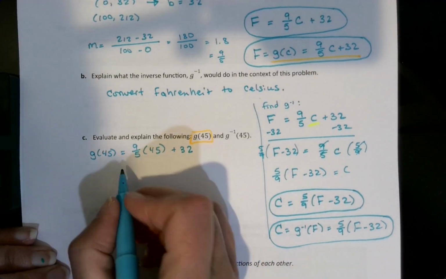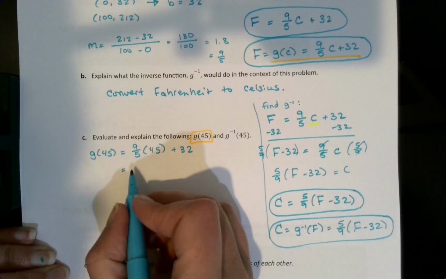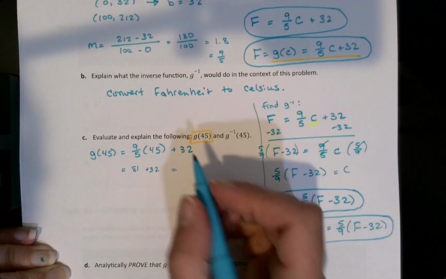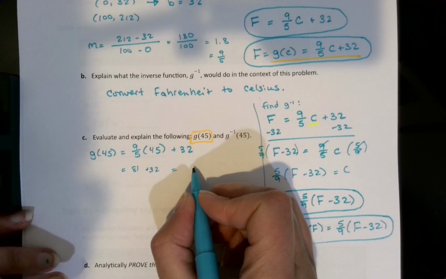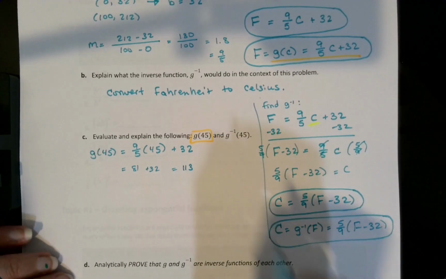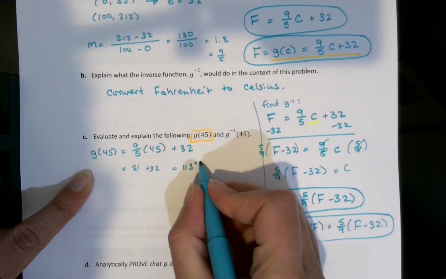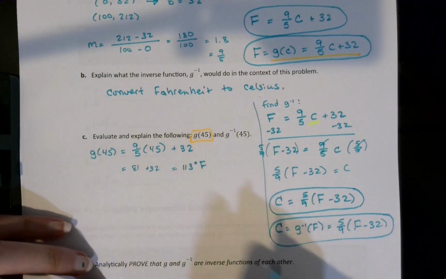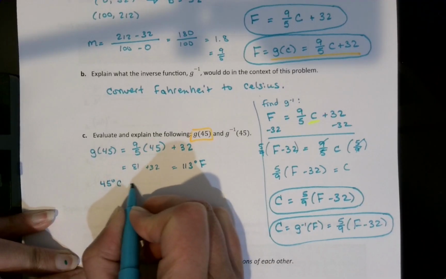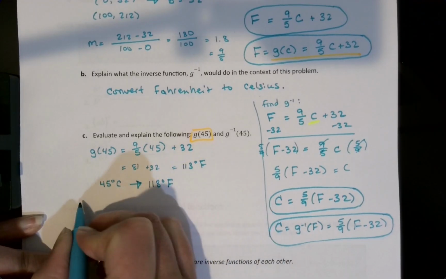Let's see. 45 divided by 5 is 9, times 9 is 81, plus 32 gives us 113 degrees. The output is going to be in Fahrenheit. So what this one means is that 45 degrees Celsius is equivalent to 113 degrees Fahrenheit.